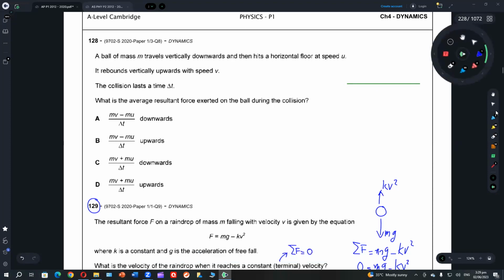So we are supposed to find the impulse in this one. Impulse is m(v plus u). Impulse is mass into change in velocity. This is what we call impulse.